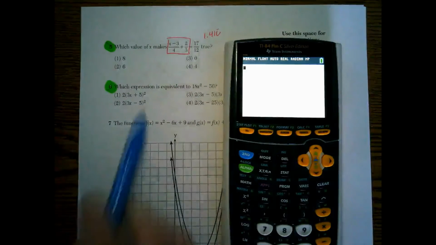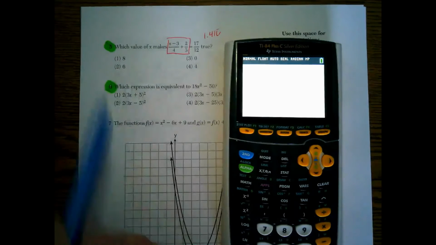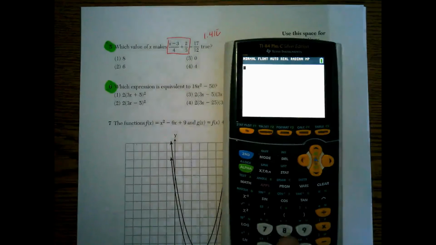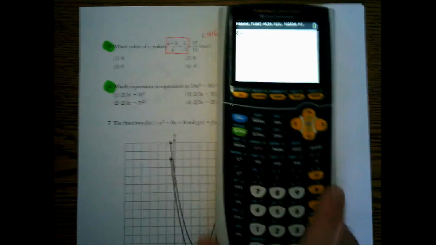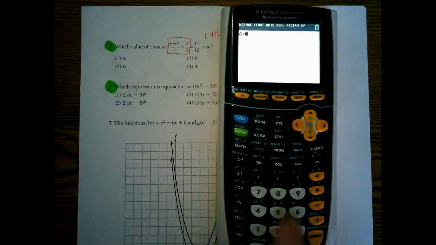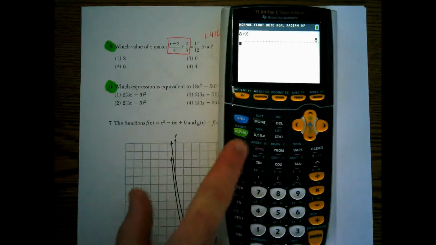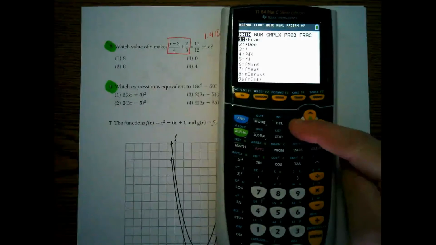All right, so we want to figure out which of these makes this equal to 1.416 repeating. So I'm going to go with choice number 1 first. I'm going to do 8 store for x. Okay, and then I'm going to type in this part that I have in the red box. So I'm going to do math over to frac.